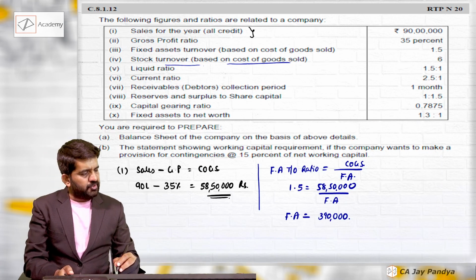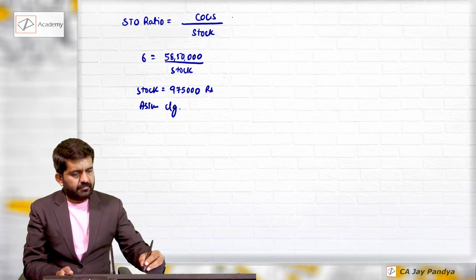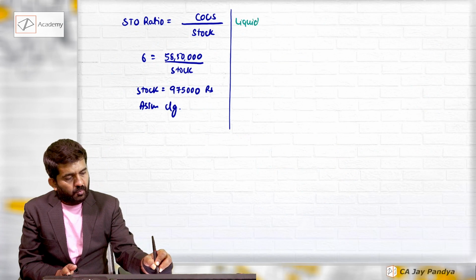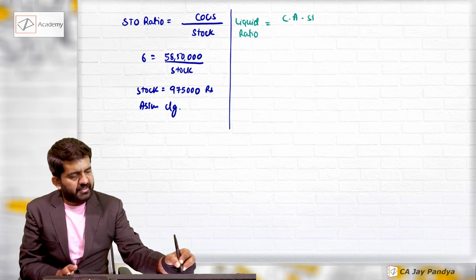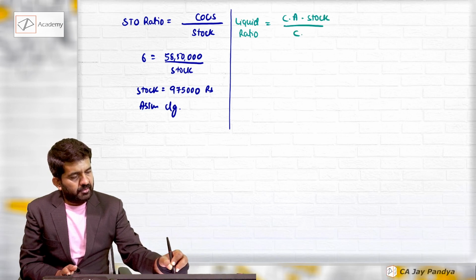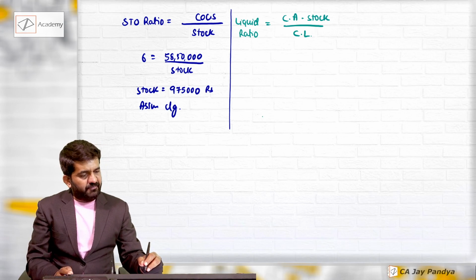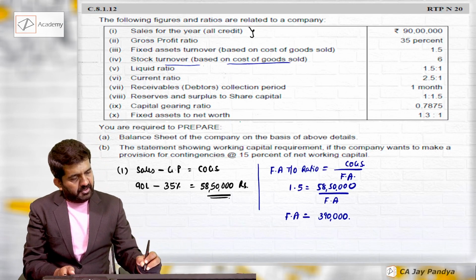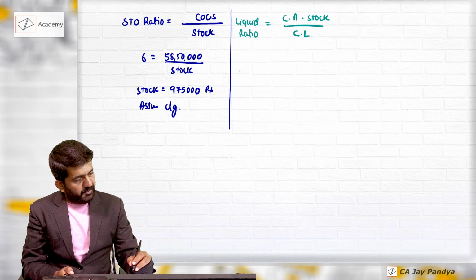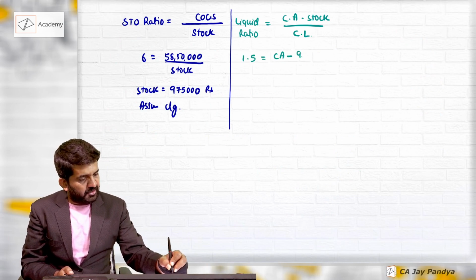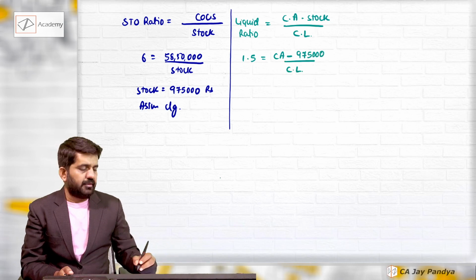Liquid ratio is 1.5:1. What is the liquid ratio? It is current asset minus stock upon current liability. We are not having any other figures. So liquid ratio right now is 1.5. Current asset, we are having answer of stock 9,75,000 divided by current liability.